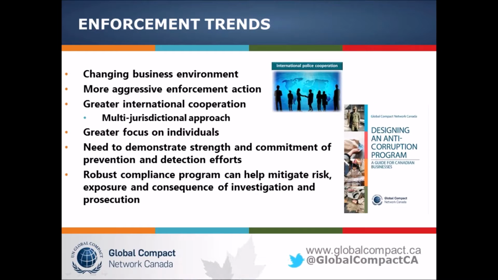So in that case, the RCMP or the law enforcement agency will look after the individual and not the company. So the power of a robust compliance program affords a lot of protection from a business perspective and an investigative perspective, and also from a prosecution perspective.